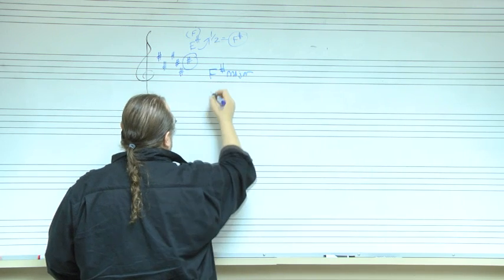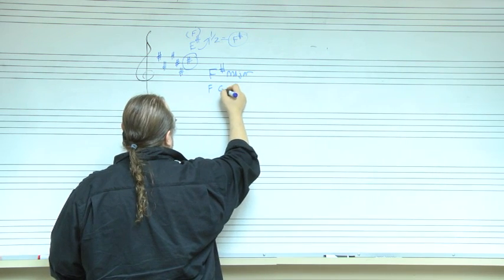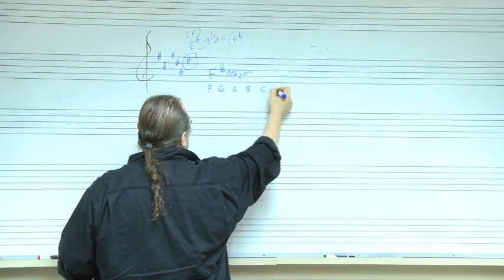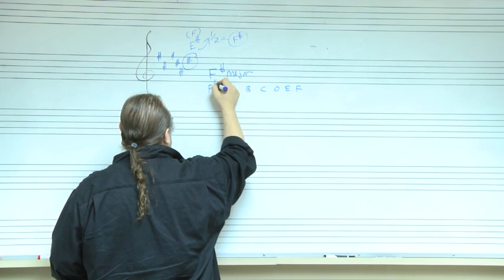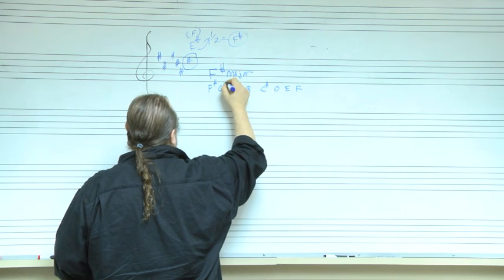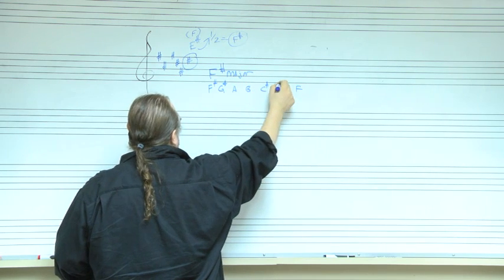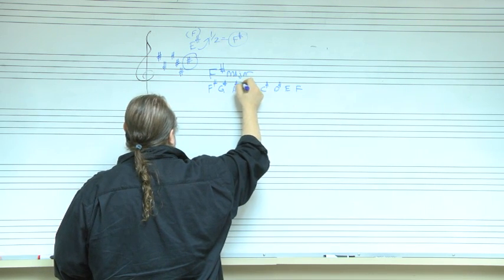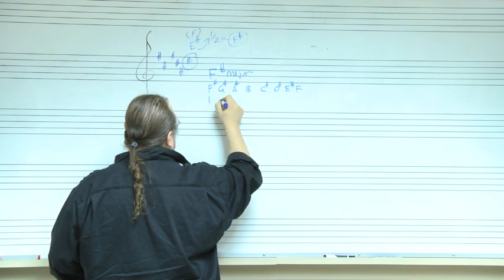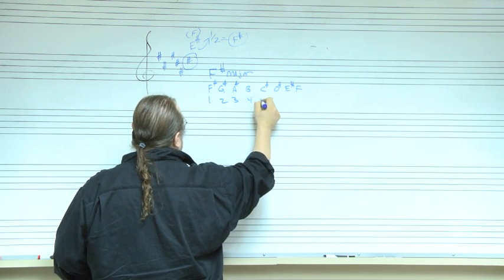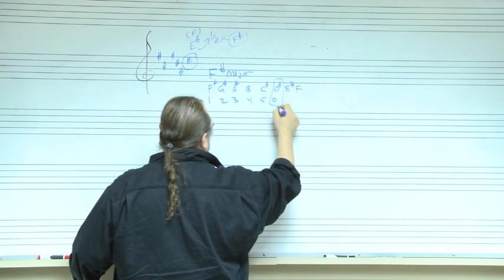The F sharp major scale is F, G, A, B, C, D, E, F, right? Then we put the sharps in: F sharp, C sharp, G sharp, D sharp, A sharp, E sharp. So that's our major key, so we count 1, 2, 3, 4, 5, 6. There's our relative minor key.